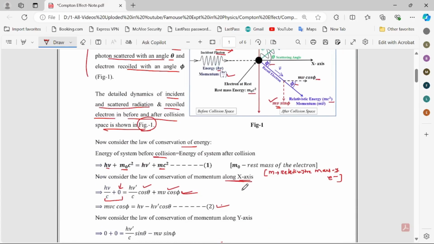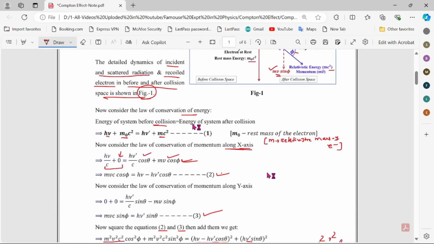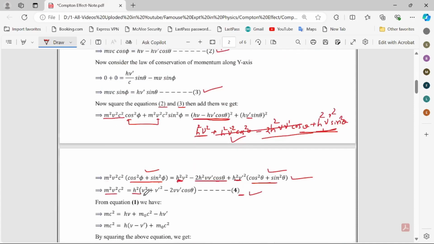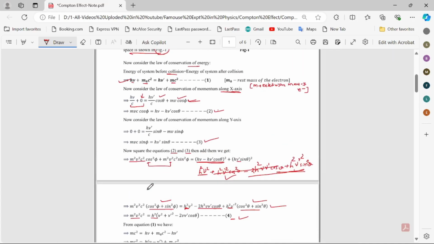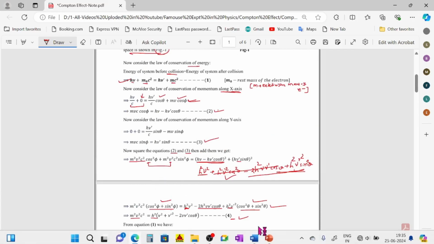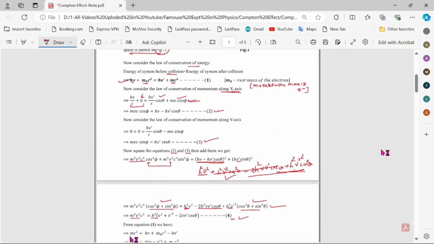From equation number 1, what we have written is that m c square will be equal to this term plus this term minus this term.